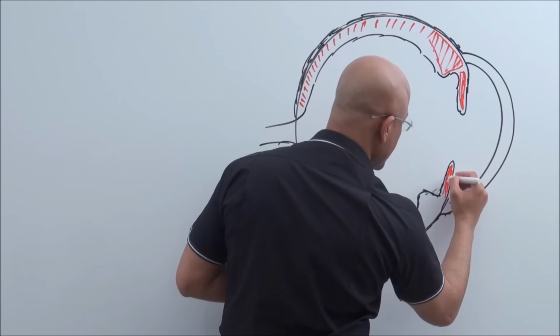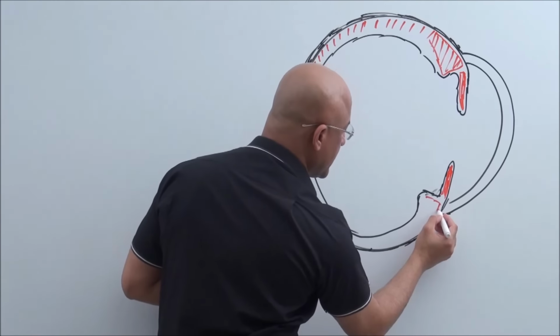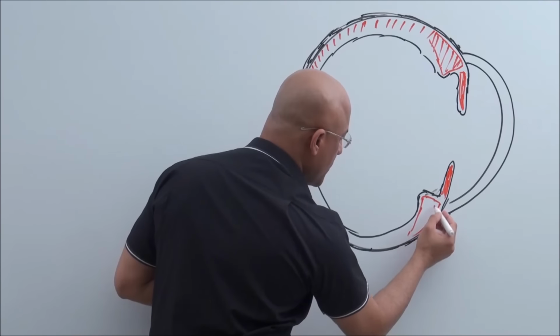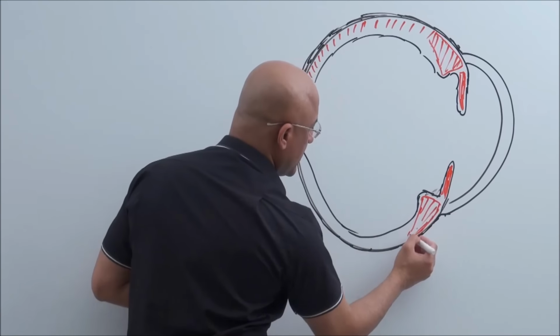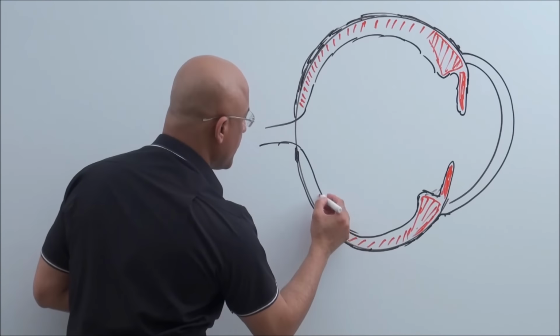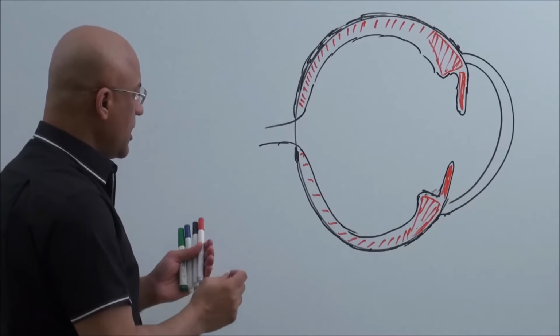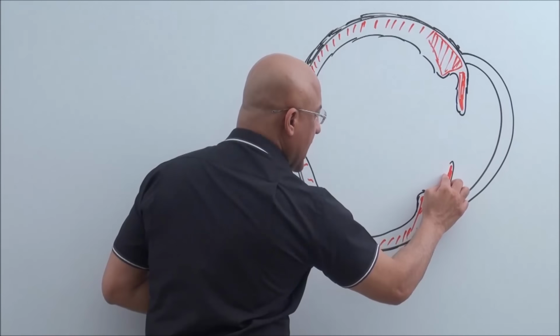Again, this is iris, and here it is, yes, ciliary body, right? And here is choroid. Now look, I will remove this black from here.